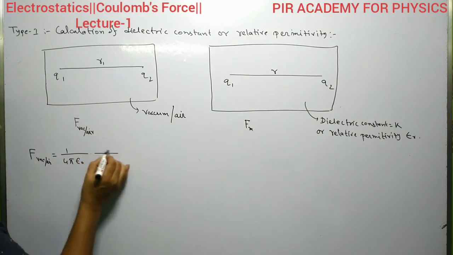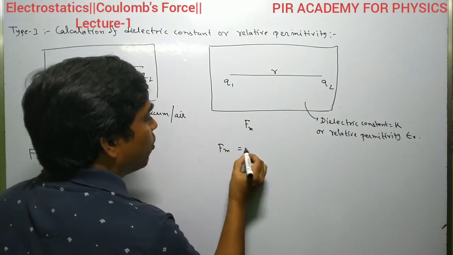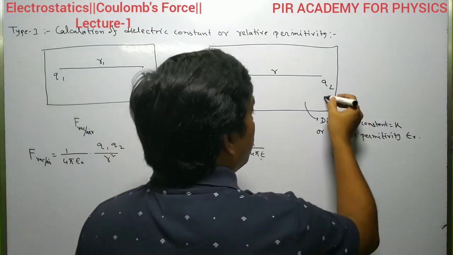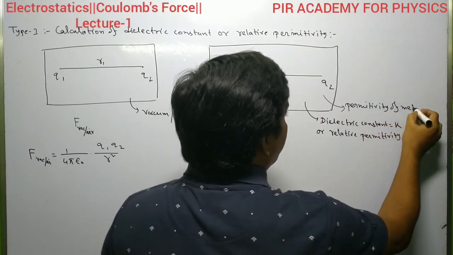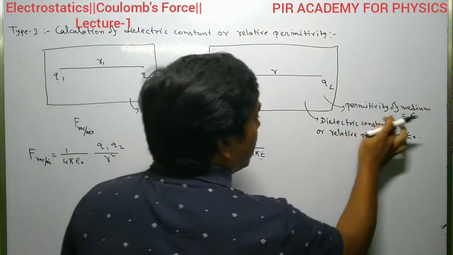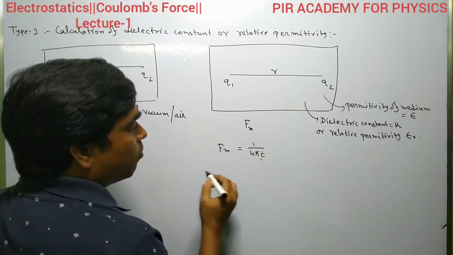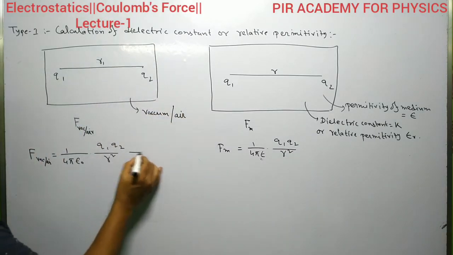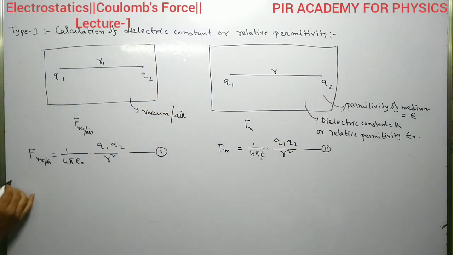Here F of medium equals 1/4 pi epsilon Q1 Q2 by r square, where the permittivity of this medium is epsilon, the relative permittivity is epsilon r, or dielectric constant K. This is the force in this second medium.